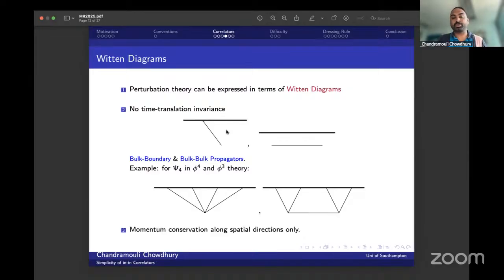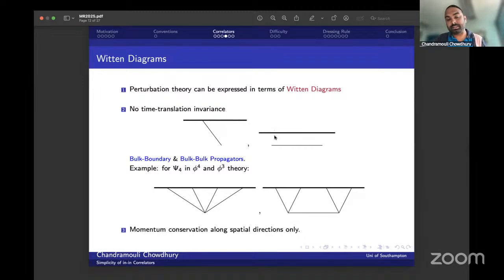Okay, so you have the usual propagators that you would have drawn, but apart from that, you also have these propagators. And these guys are called bulk-to-boundary propagators, and these guys are called bulk-to-bulk propagators. The name is self-explanatory. The bulk-to-boundary connects a point in the bulk of de Sitter to this t equal to 0, which is the boundary of de Sitter.